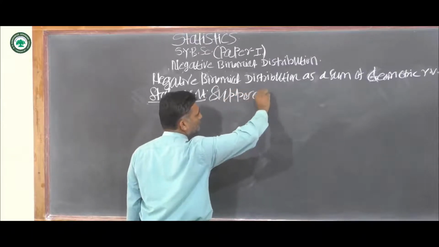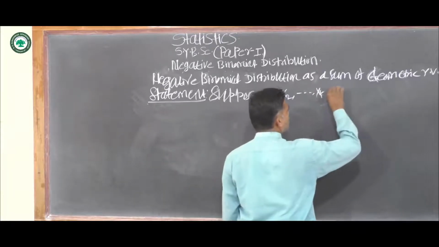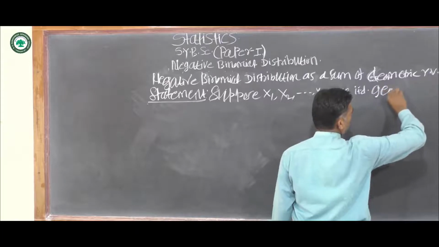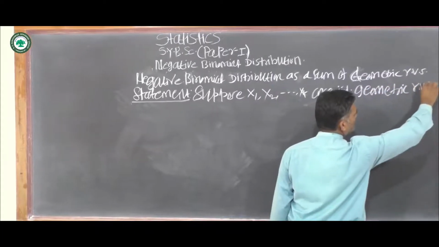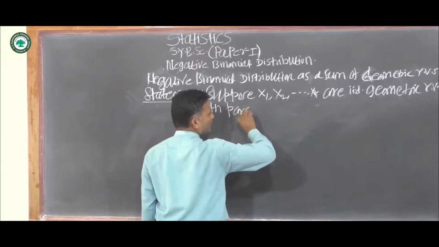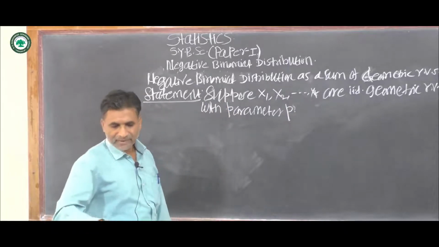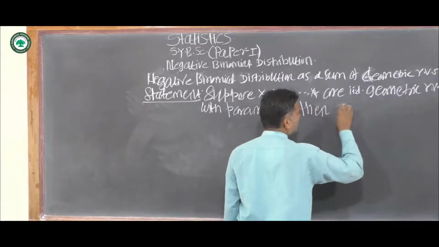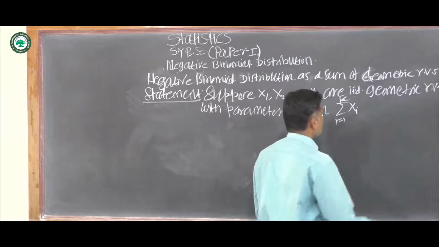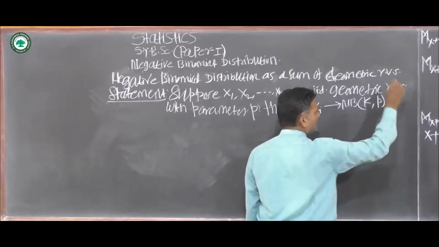Suppose x1, x2, and so on, xk are IID geometric random variables with parameter p, then the summation of xi, summation over i running from 1 to k, follows the negative binomial distribution with parameters k and p.